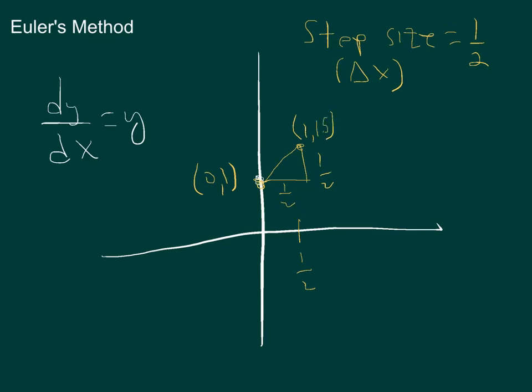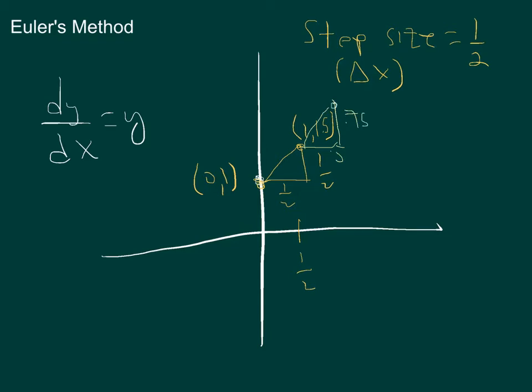And then what I can do is do it again. At this point here, if I plug in the point (0.5, 1.5) into this differential equation, I get a slope of 1.5. And if I draw a segment with a slope of 1.5, so if I go over 0.5, I'd go up 0.75.